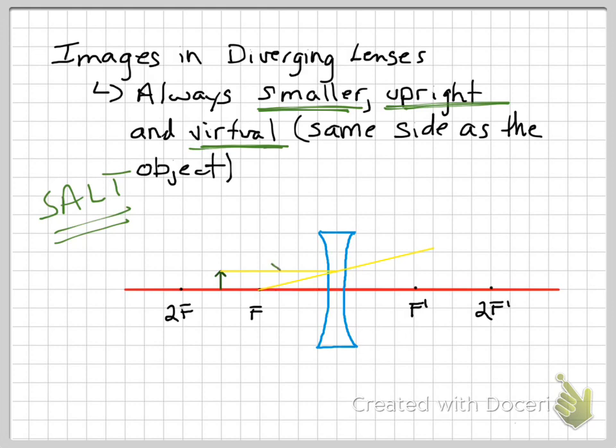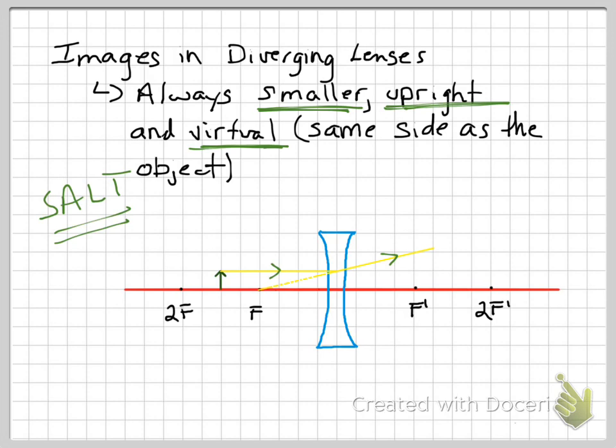So this is our incident ray, this is our refracted ray. Our refracted ray is at that angle because if I extend it backwards, it will go back through that focal point. Now, on the object side, I want to show that this is our virtual side, so I'm going to make a dashed line.